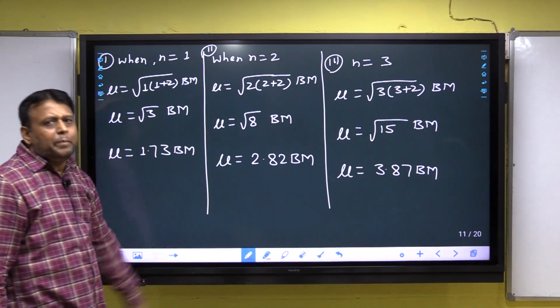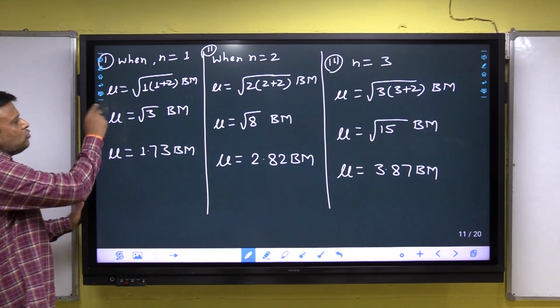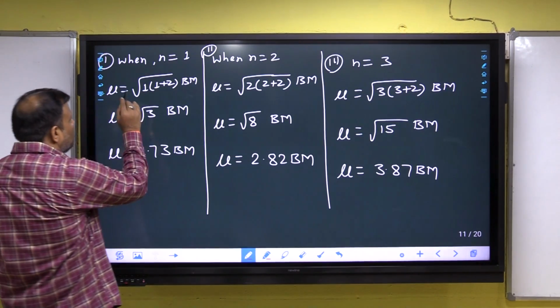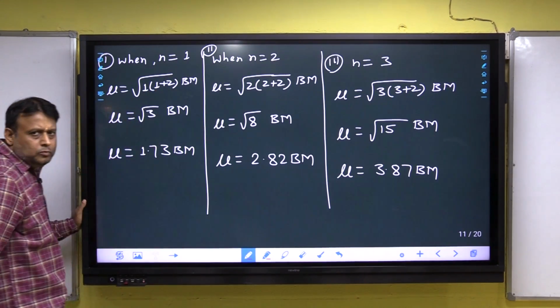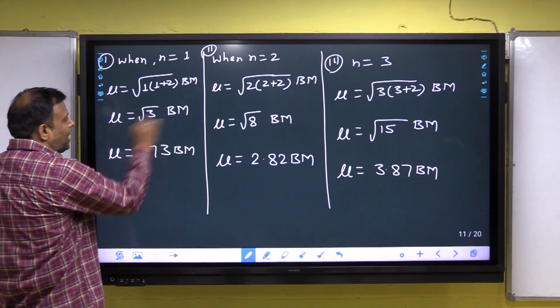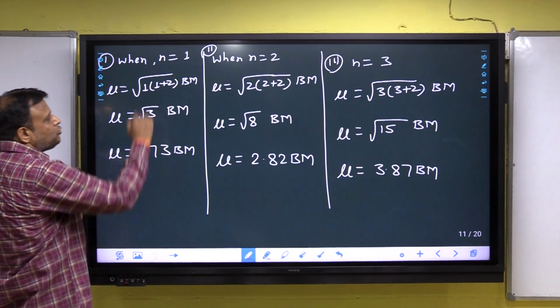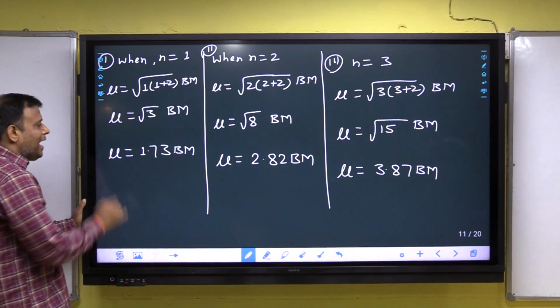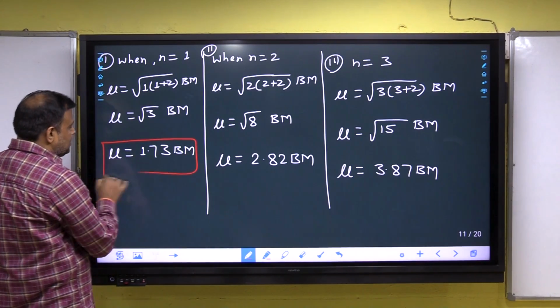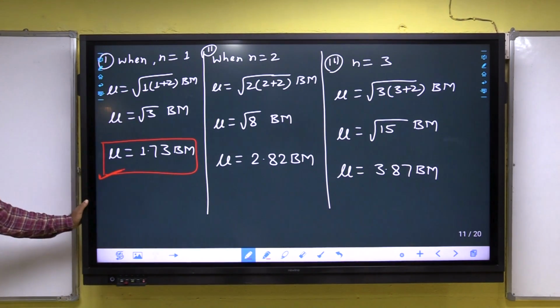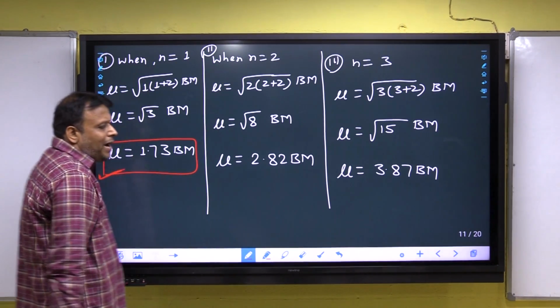When the number of unpaired electrons is 1, the magnetic moment is root under 1 into 1 plus 2 BM, that is root under 3 BM, and the value of root under 3 is 1.73.